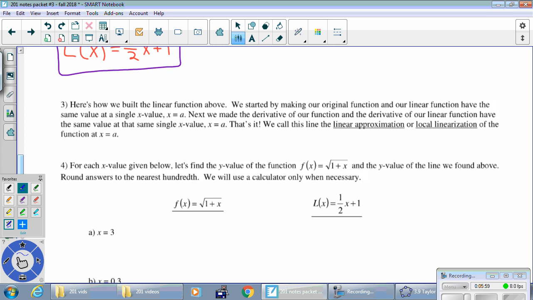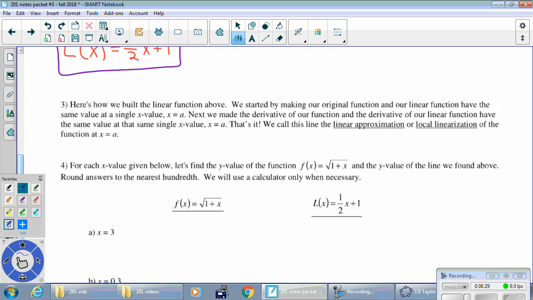Number 3, here's how we built the linear function above. We started by making our original function and our linear function have the same value at a single x value. It's called x equals a there. Unfortunately, it's not the same a as in the ax plus b. X equals a is just saying a specific x value. So we made the two functions agree at x equals a, and next we made the derivative of our function and the derivative of our linear function have the same value at that same single x value, x equals a.